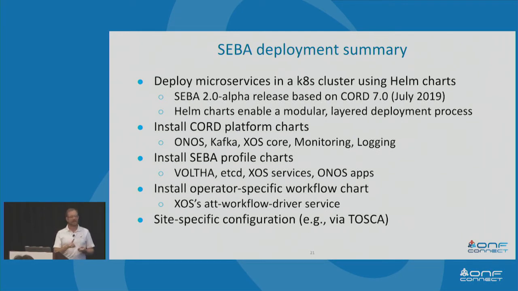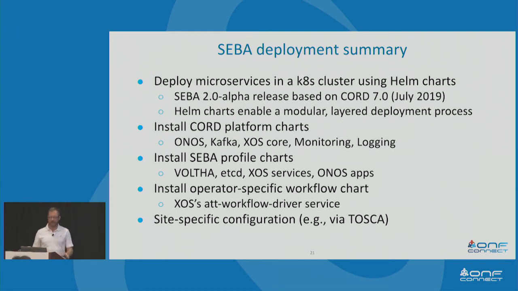These are VOLTHA, etcd, a key value store used by VOLTHA, a set of XOS services that are specific for the SEBA use case, and ONOS apps that are specific for SEBA. And then we install an operator-specific workflow chart. This is the subscriber logic that ties together everything.